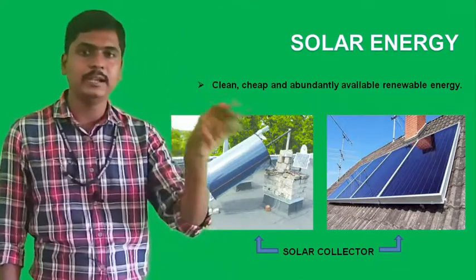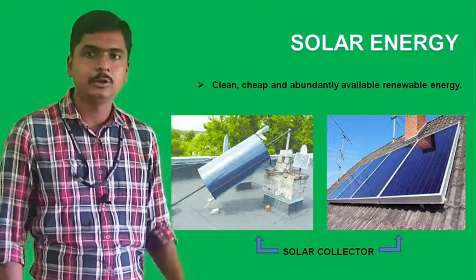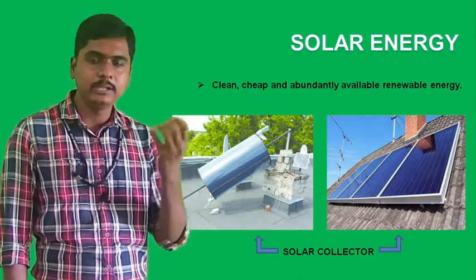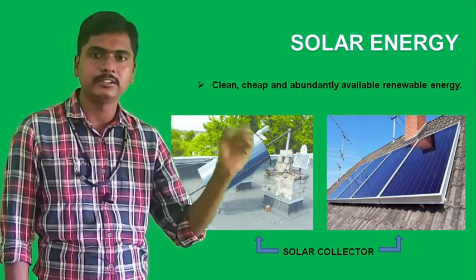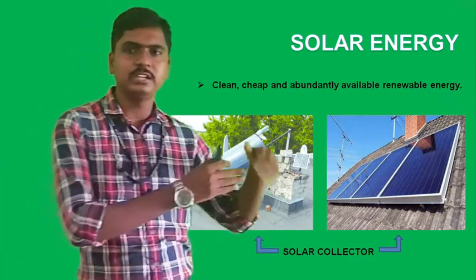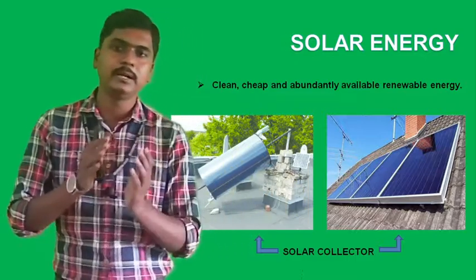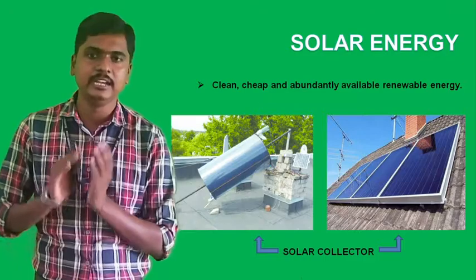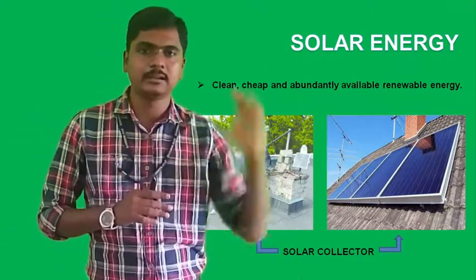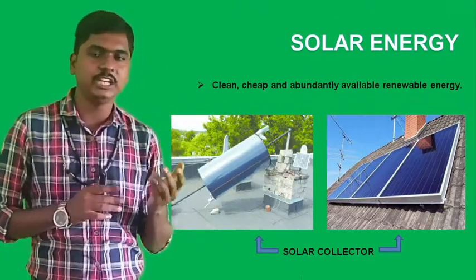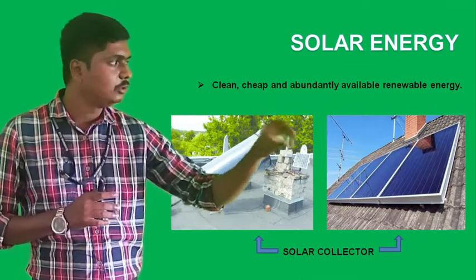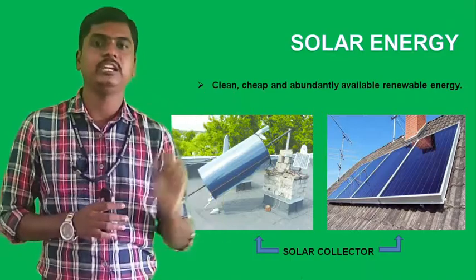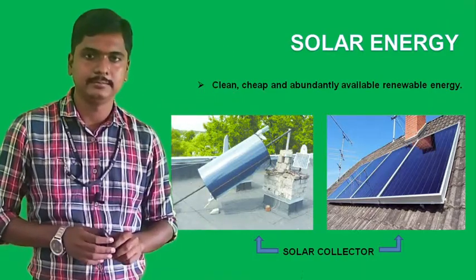When we provide heat energy, the water will get heated. So we get the heat energy from the sun. Then by using different techniques we can convert that heat energy into electricity or into mechanical work, based upon the necessity. This is the process to absorb the heat energy from the sun.